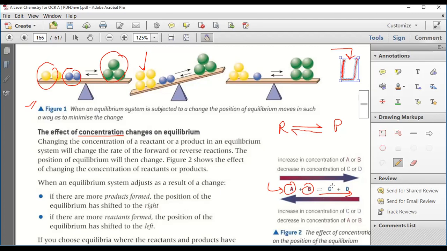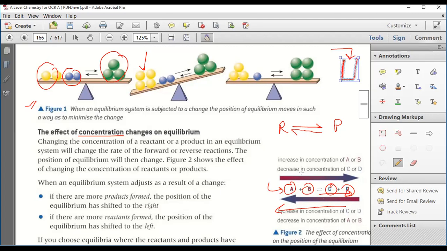And if I increase the concentration of C and D, then it will shift towards this direction. So if you increase A or B, C and D would increase. If you increase C or D, it will go to A and B.